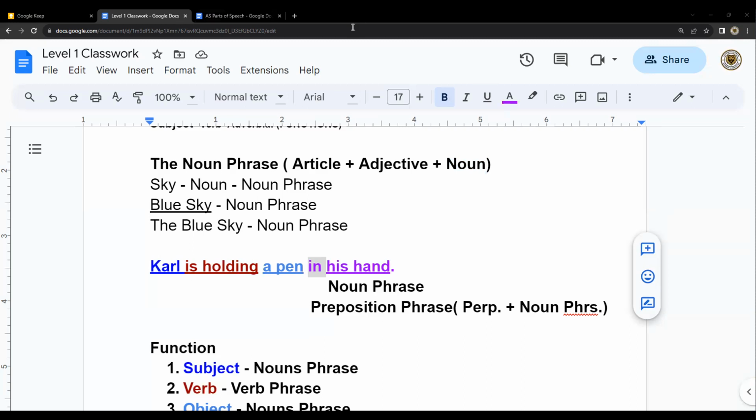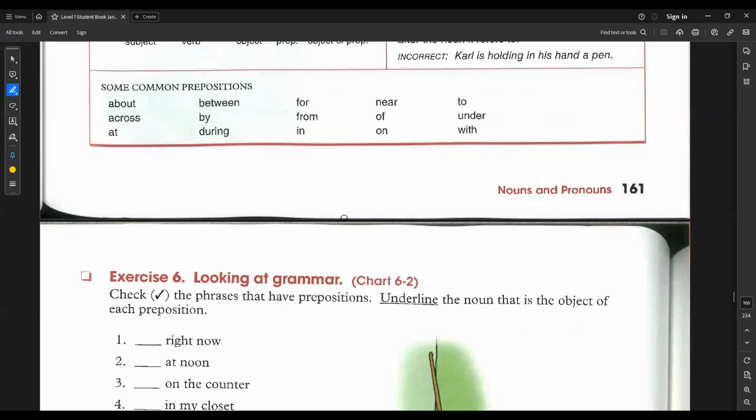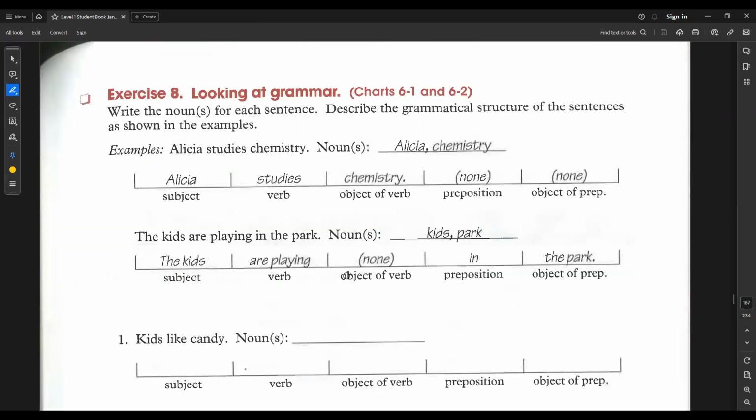Okay, so let's go to exercise 8. Van a entrar de cambio ahora sí, ¿eh? A ver. Okay, so we have exercise 8 here. It says, looking at grammar, write the nouns for each sentence. Describe the grammatical structure for the sentences as shown in the example.